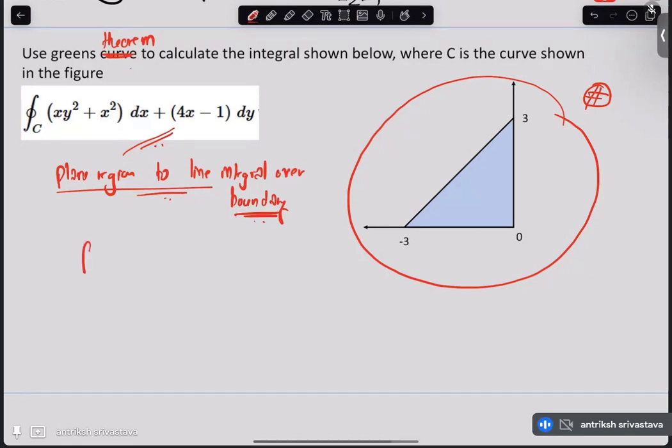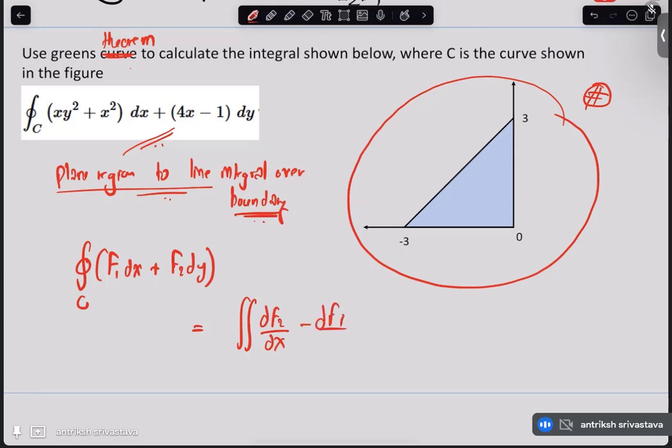If you have an integral over a closed curve of some function f1 dx and some other function f2 dy, that can be written as a double integral of (df2 by dx minus df1 by dy) dx dy.